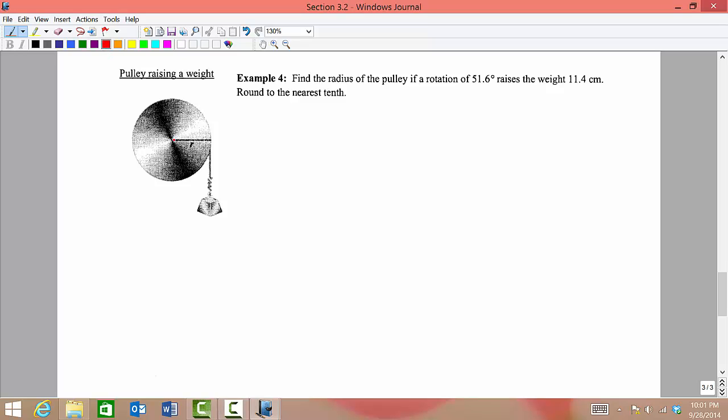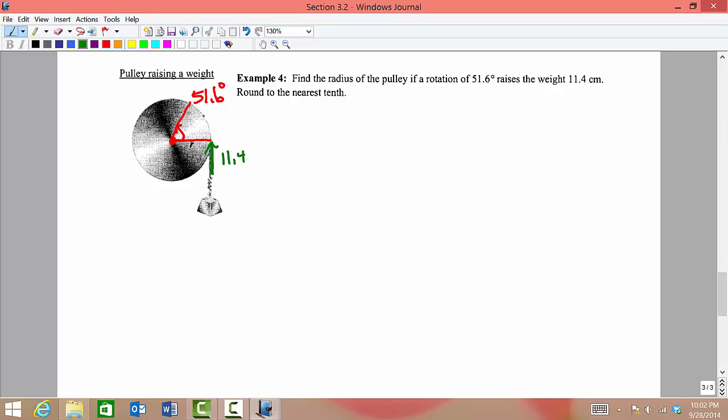So here we have our circle, our circular pulley, and we don't know the radius of it, but we do know that the rotation of our central angle would be 51.6 degrees. And we also know that as our pulley turns, the weight is going to go up 11.4 centimeters.